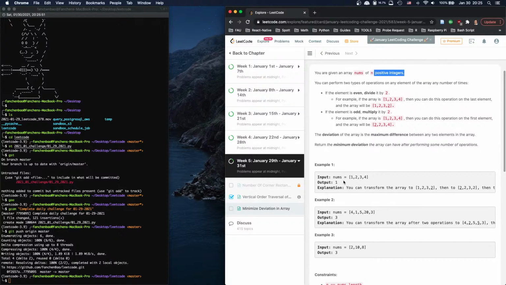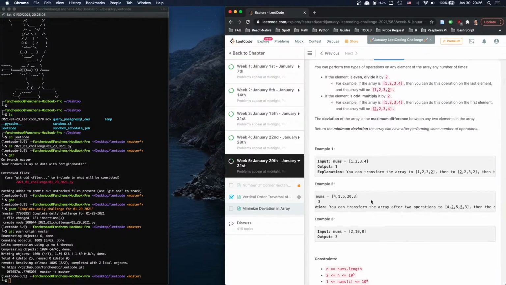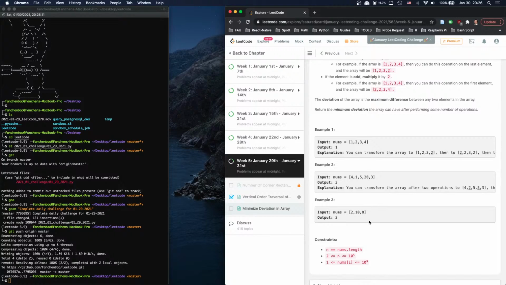For instance, in this one, you can transform the array 1, 2, 3, 4 into 2, 2, 3, 2. So it's basically times 2, divided by 2, so the difference is 1. You can transform with 2 operations, and then the max is 3. And this one, I suppose, times 2 times 2.